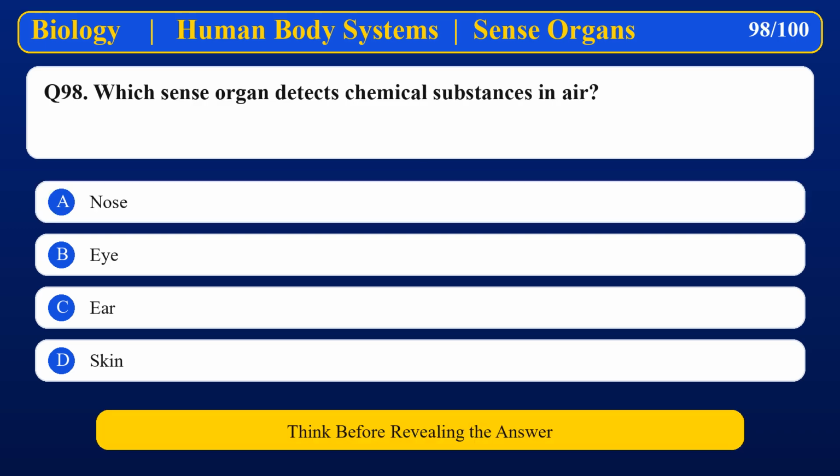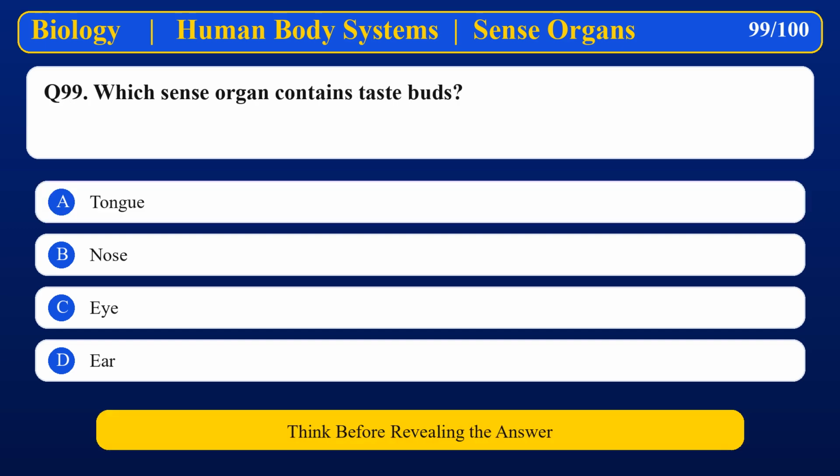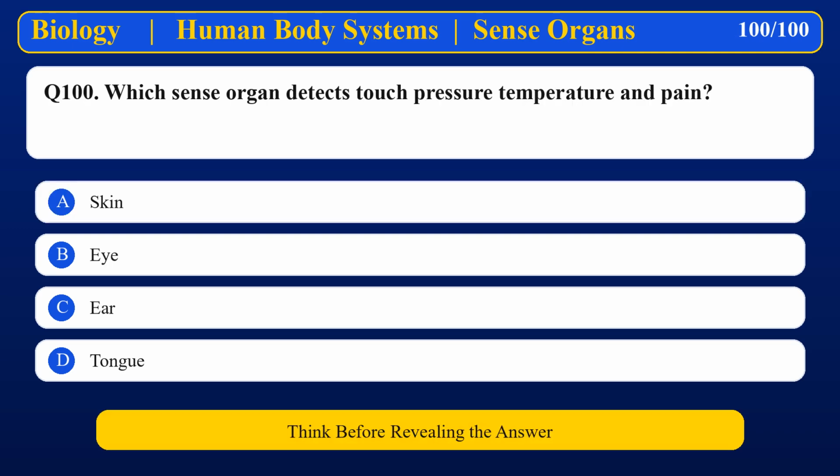Which sense organ detects chemical substances in air? Nose. Which sense organ contains taste buds? Tongue. Which sense organ detects touch, pressure, temperature, and pain? Skin.